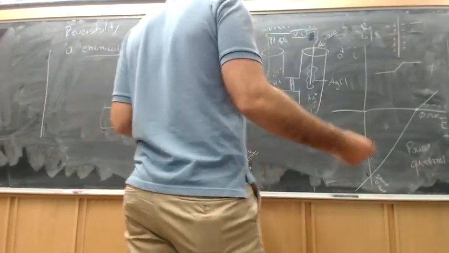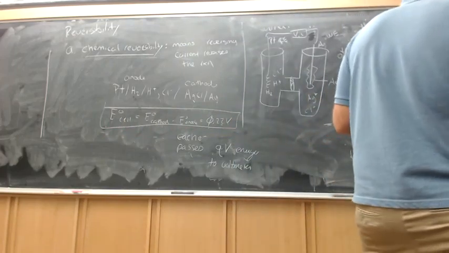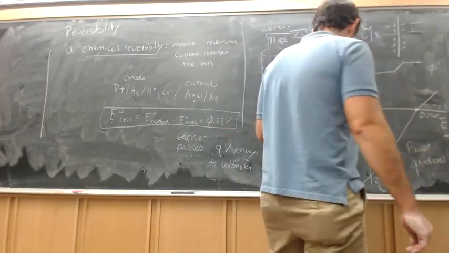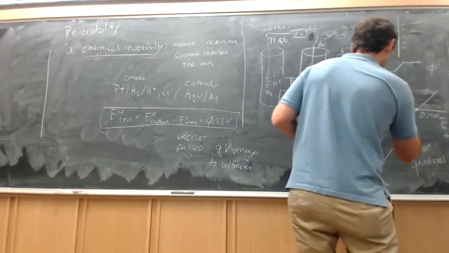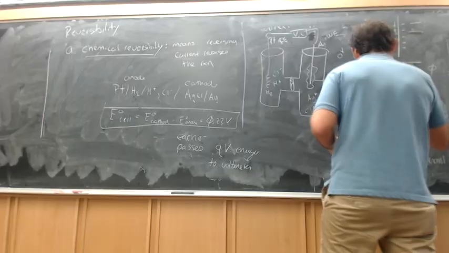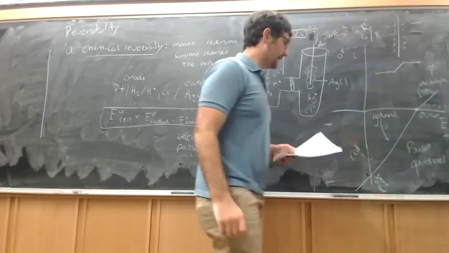The direction of the reaction determines if it's electrolytic or galvanic. If it's galvanic, it's acting like a battery. So this is galvanic, the reaction is going forward, as written, and this is electrolytic. Okay, we're driving it back.